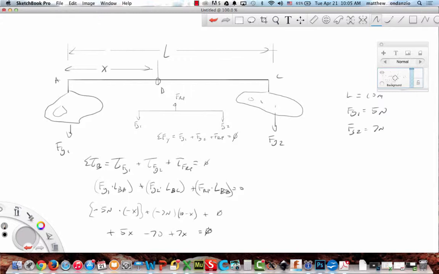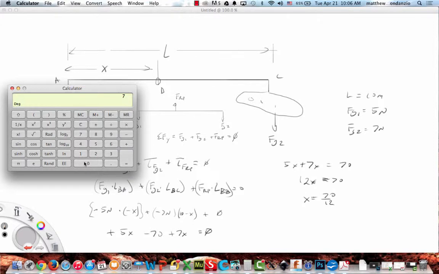Now if I solve for that, 5x plus 7x equals 70. That's 12x equals 70, so x is equal to 70 over 12, which is 5.83 meters.